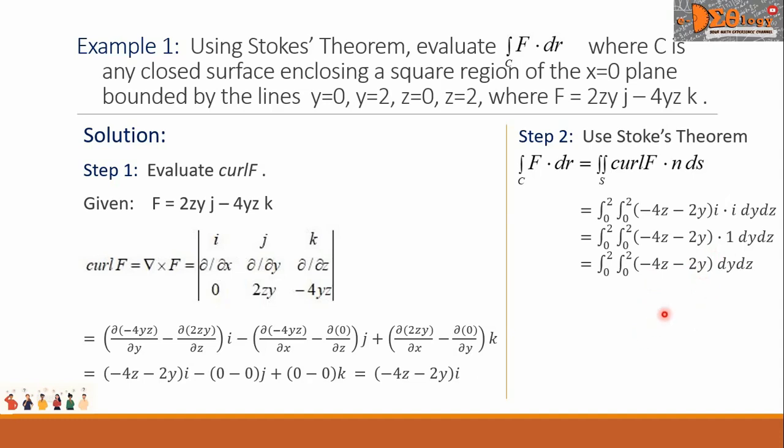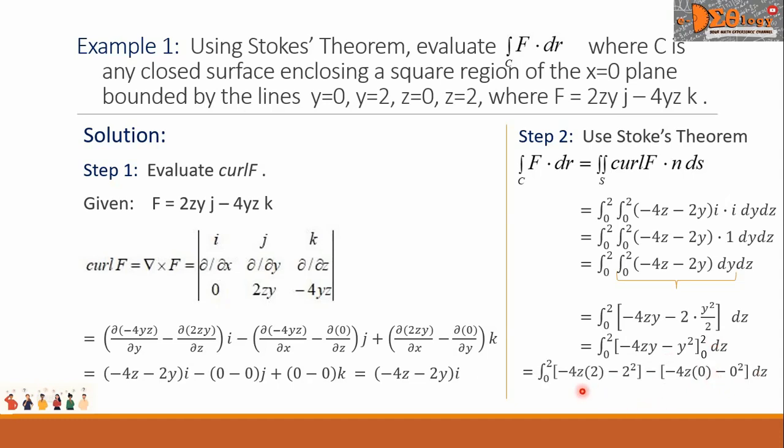Now, let's begin our integration in the inner integral. The integral of negative 4z with respect to y is negative 4zy, minus the integral of 2y with respect to y, which is 2 times y squared over 2. We can simplify this further into negative 4zy minus y squared. Now let us evaluate this with respect to the limits from 0 to 2.